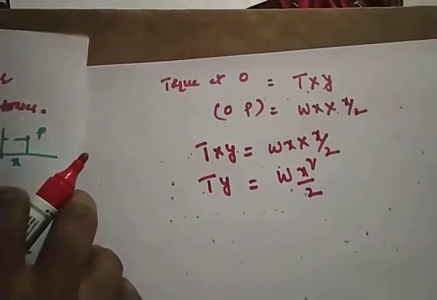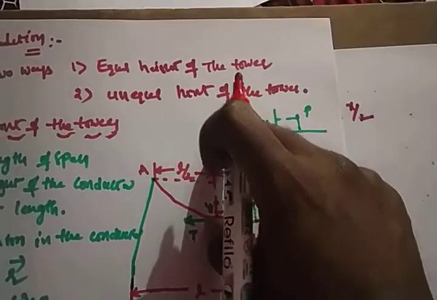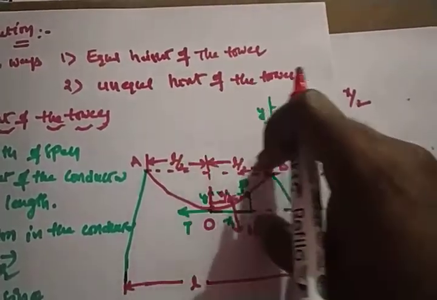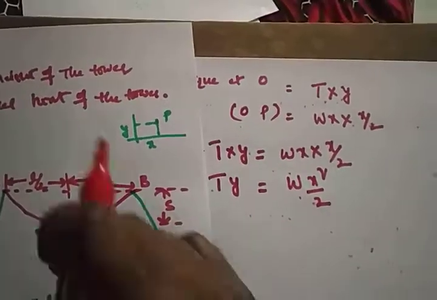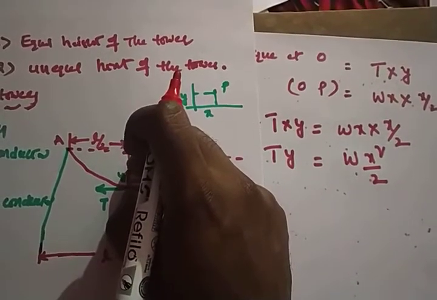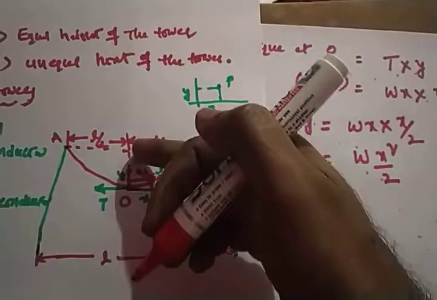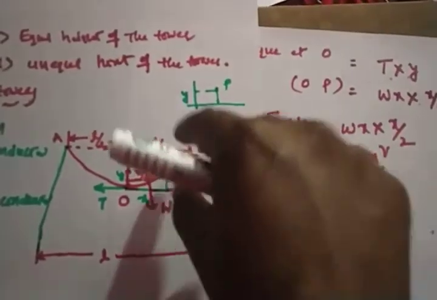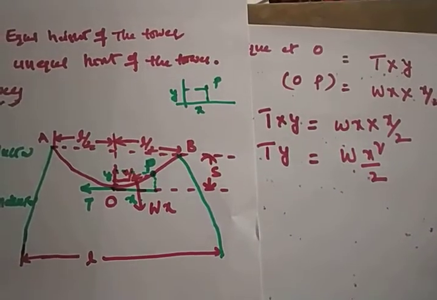For consideration, you will assume that y is a small value, you are considering this y is very large, so that is equal to sag. I'm assuming that y is tangential, that means the horizontal vector. If you increase this y, it will equal the sag. So that's why I am assuming that y is equal to sag.